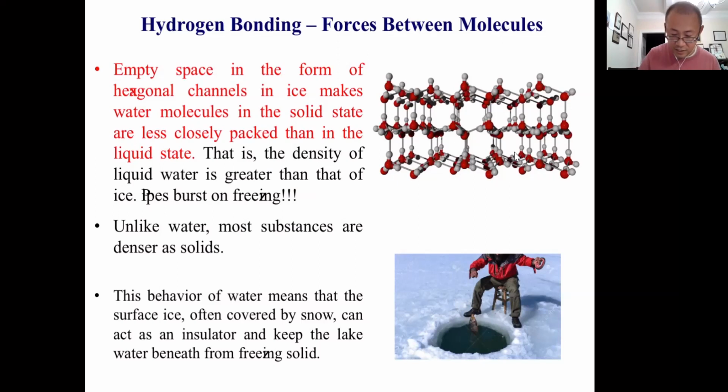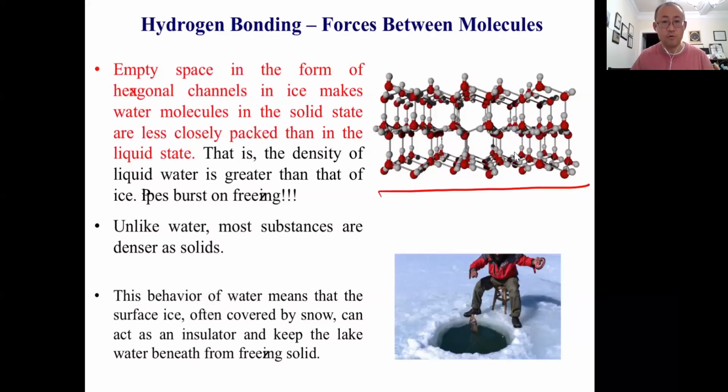You can see that this is the crystal structure of ice. You can see water molecules are very beautifully aligned and organized, and water molecules will form a hexagonal channel, and that channel is some extra space. Extra space makes solid water less tightly packed than liquid water.